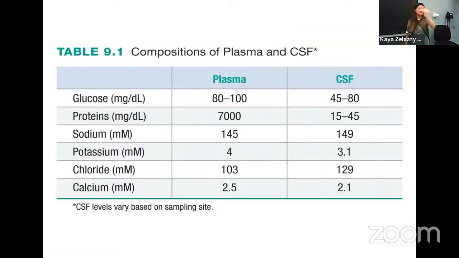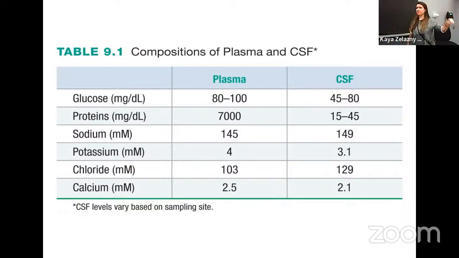You don't need to memorize these, but these are some examples of compositions that differ between plasma, so the extracellular fluid in your blood, versus the cerebrospinal fluid, this fluid surrounding the brain, right? So we're going to have a little less glucose in the cerebrospinal fluid.